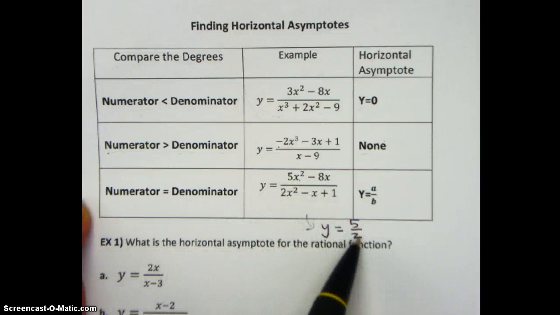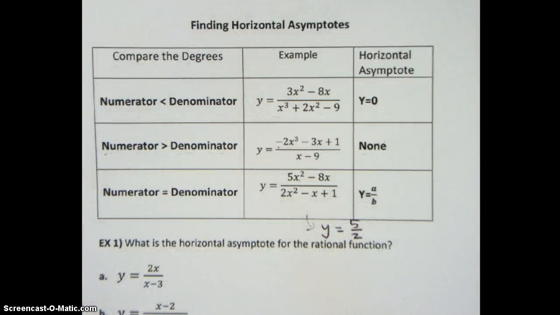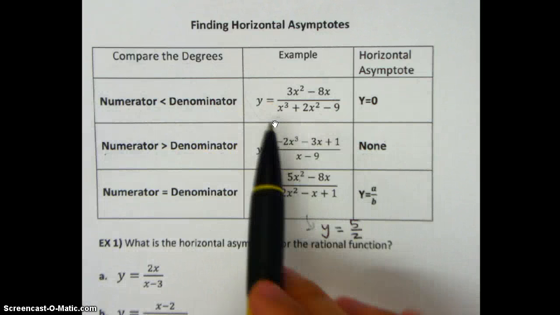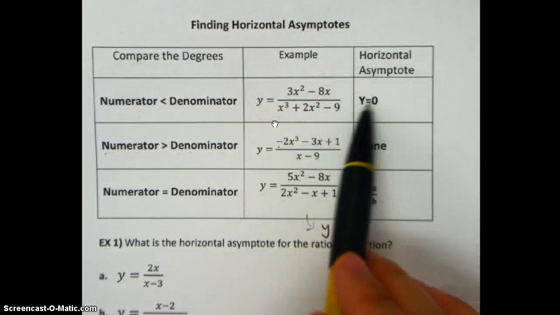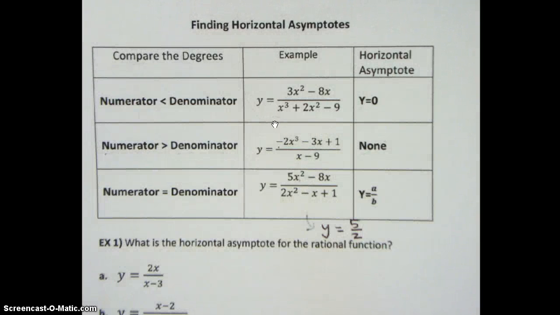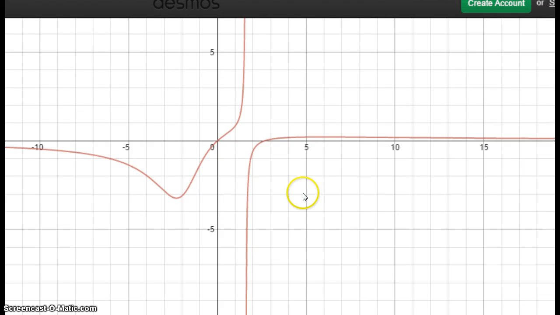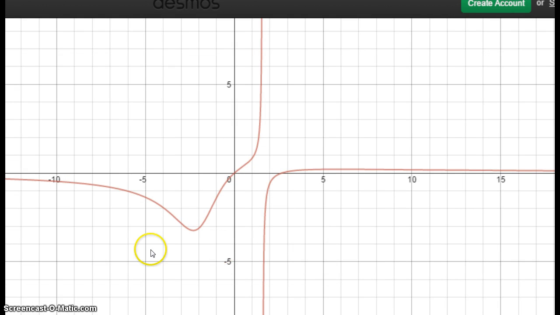Let's take a look at their graphs, each of them, to see if that's really true. Let's look at the first graph. According to our conclusion, the horizontal asymptote must be this line, y equals 0. What happens in the middle doesn't really matter. The horizontal asymptote is what happens at the very far left and far right of the graph.